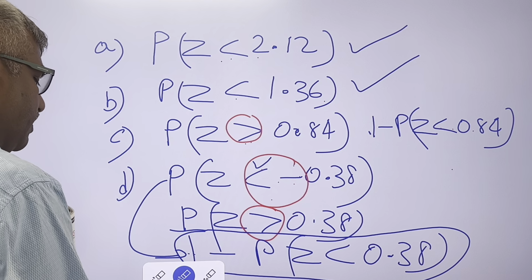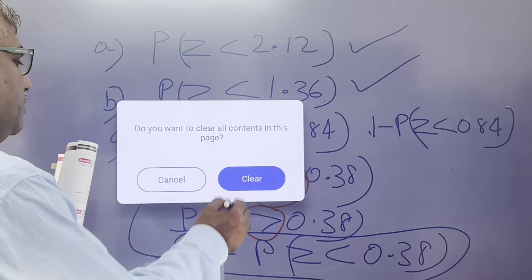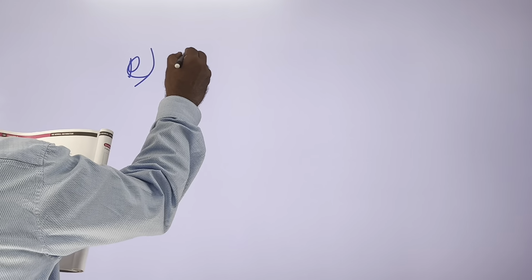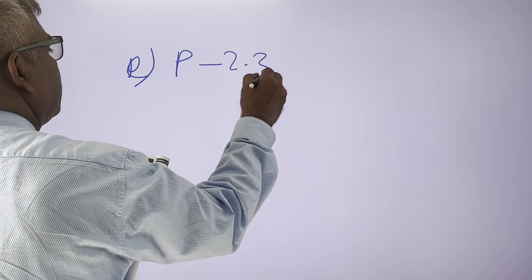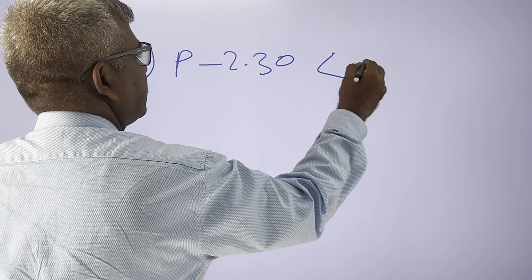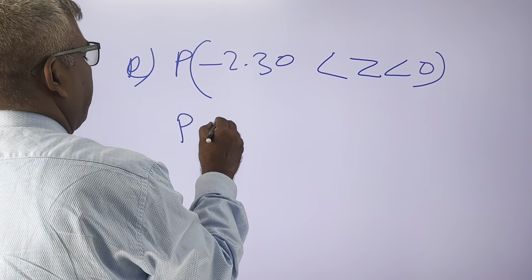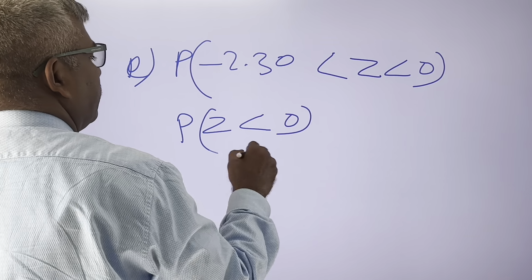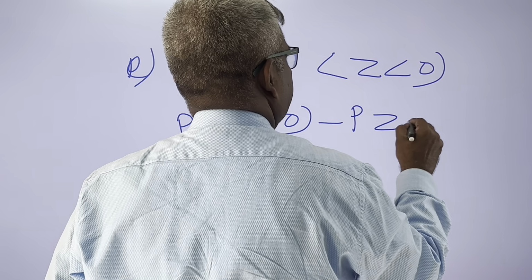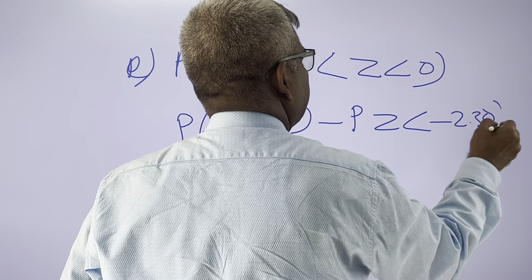Next, E, F, G, H. E is minus 2.30, Z less than 0. This is nothing but probability of Z is less than minus 2.3.